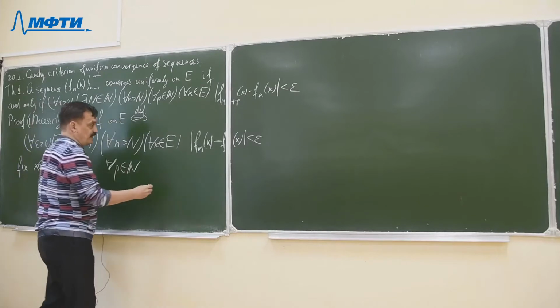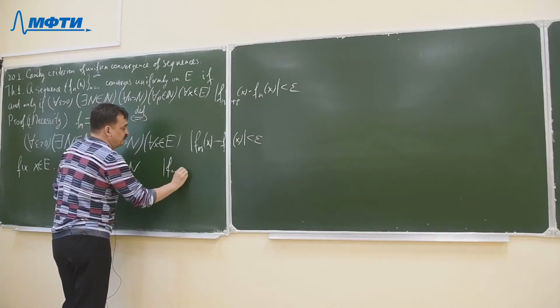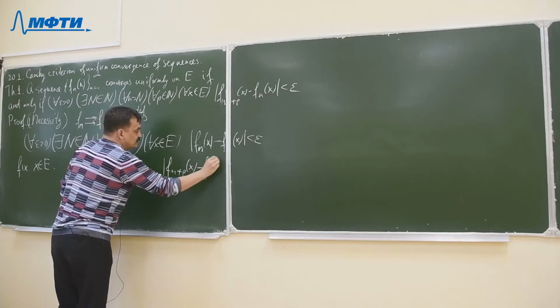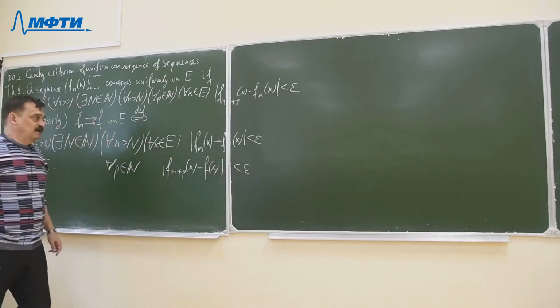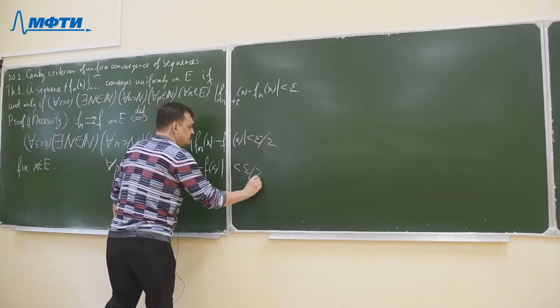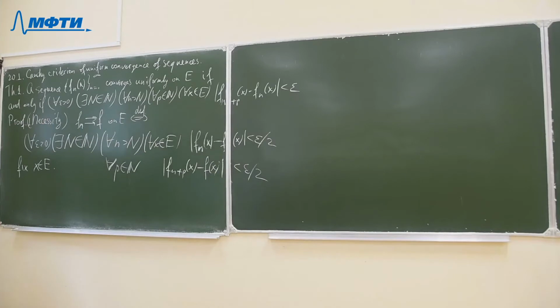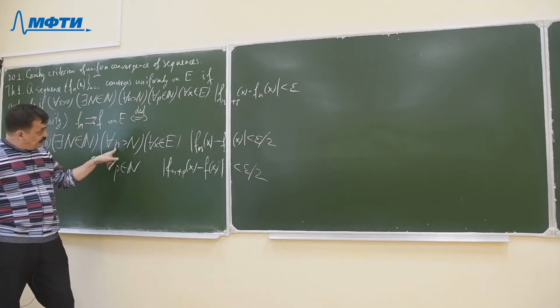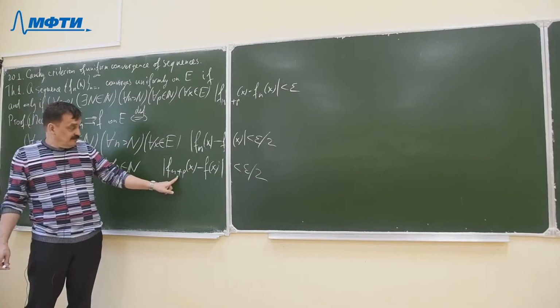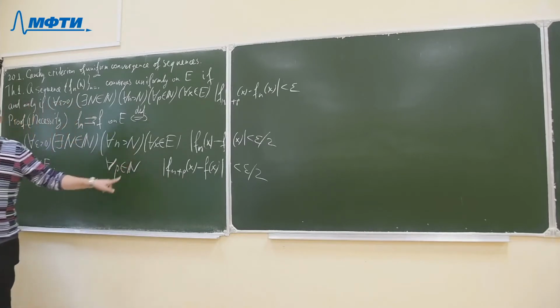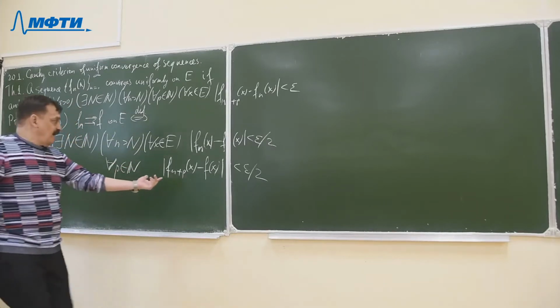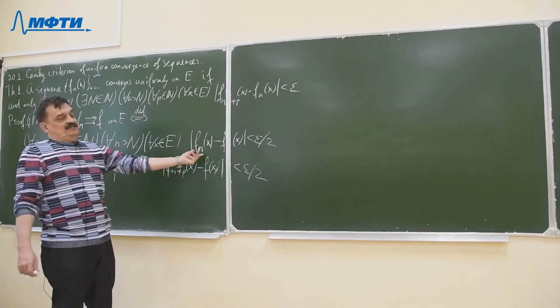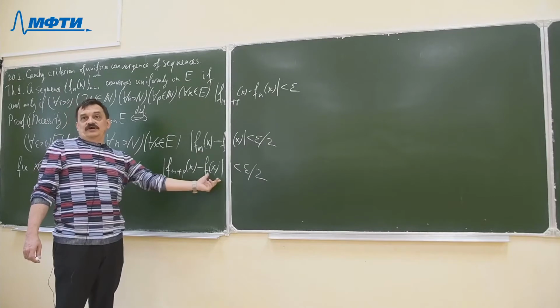We have, for the same x, |f_{n+p}(x) - f(x)| less than epsilon as well. And in fact, I can take epsilon over 2 for convenience. Why can I take here arbitrary p natural? Because if little n is greater than capital N, then for sure n plus p is also greater than capital N, right? So I can consider n plus p instead of n here. That is what I do.